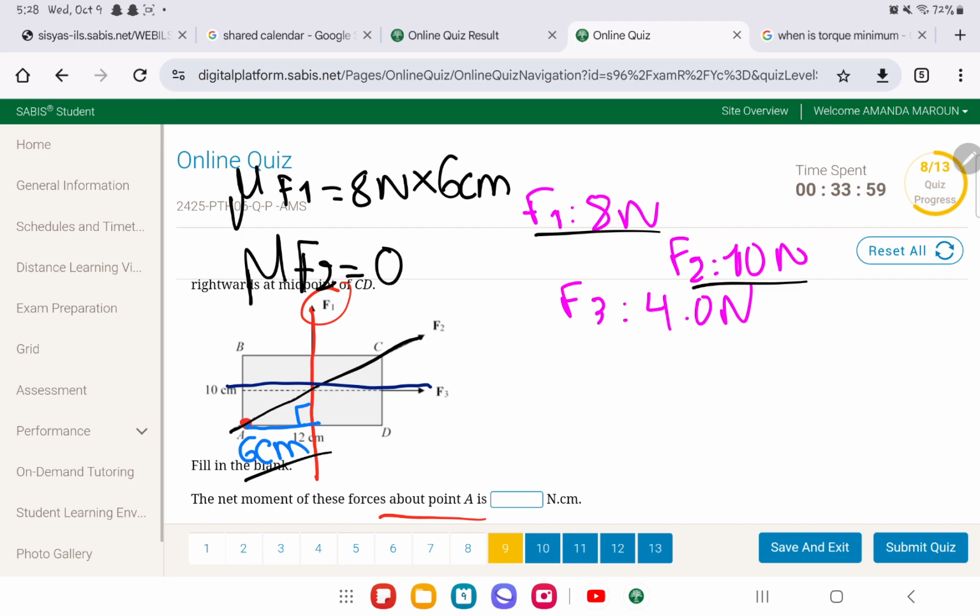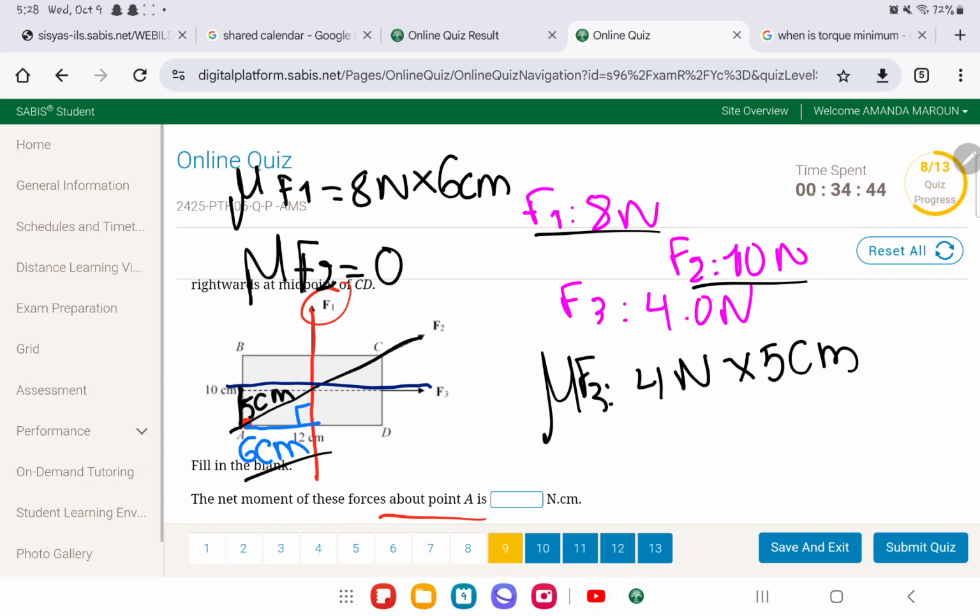If we find the perpendicular distance from A to F3, it is this over here. Again, it's going to cut side BA in half, so it is going to be 5 centimeters. So the moment of force F3 is 4 newtons multiplied by 5 centimeters. But we did not finish yet, alright?